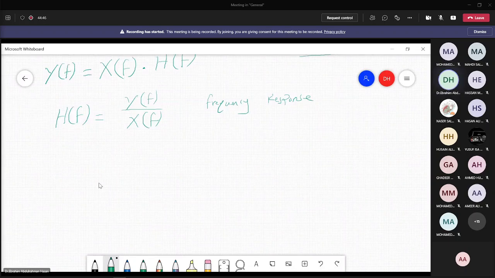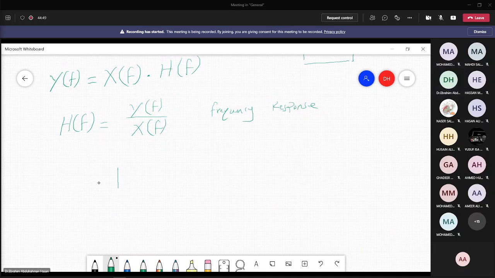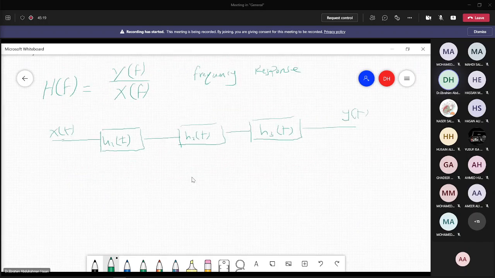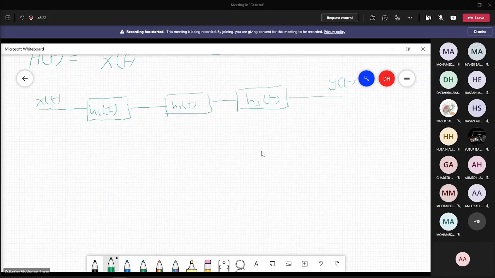Okay, something easy too. If we have h1 of t cascaded with another system, h2 of t, and another system, h3 of t, and we want to find y of t given the input x of t, then working in the time domain will take a lot of time, because you need to use a convolution here, then the result convolved with h2, then the result convolved with h3.